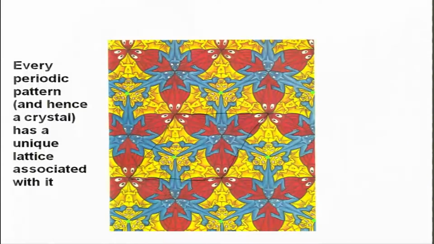I can put the center here and it still remains the same. If I now draw the lattice, it would be this. So it does not matter where you put the unit cell corner, it still contains 3 of A, 3 of B and 3 of C, or 3 fishes, 3 bats and 3 lizards.